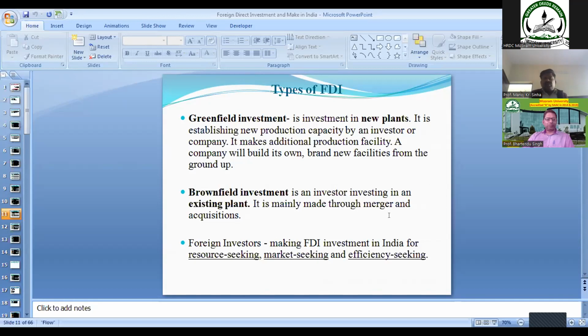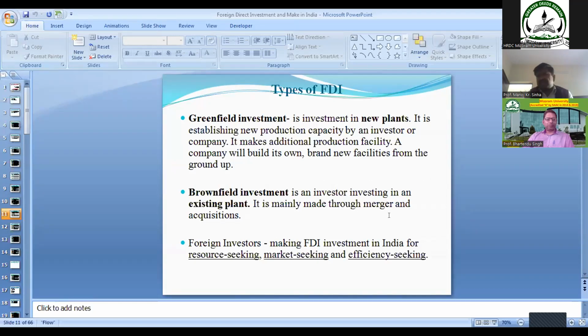There are certain motives of foreign investors for making FDI investment in different countries. In India, one motive for making FDI investment is resource seeking. India has abundant natural resources. For extracting the natural resources, foreign companies set up business for resource seeking.